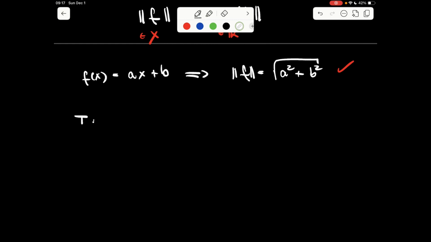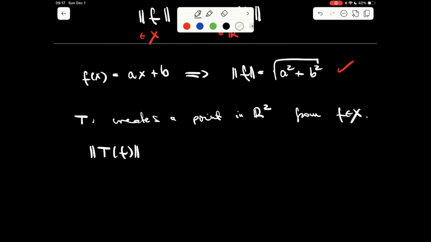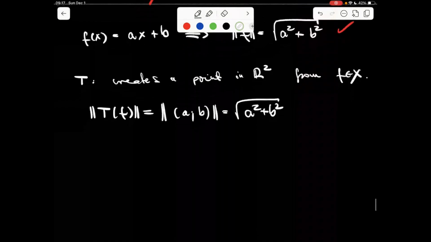Mapping T is a mapping that creates a point in R squared from a function in X. So simply put, we have a point in R squared, and we can measure its norm because it is an ordinary point, and in R squared we use the standard Euclidean norm.